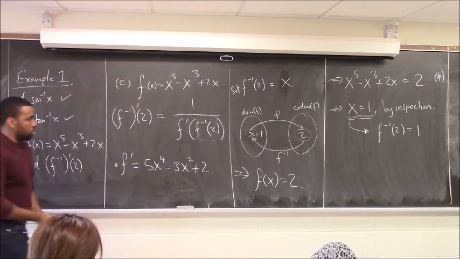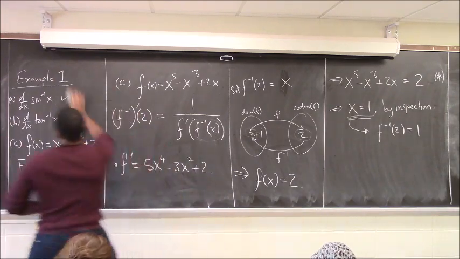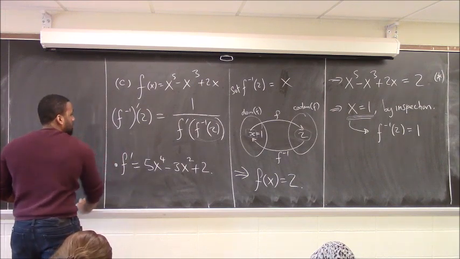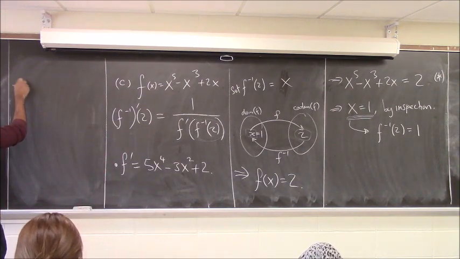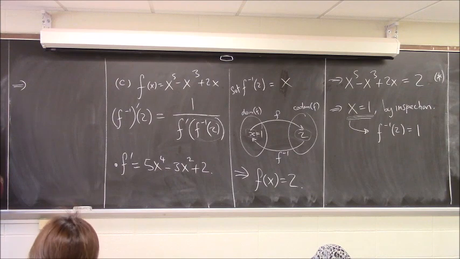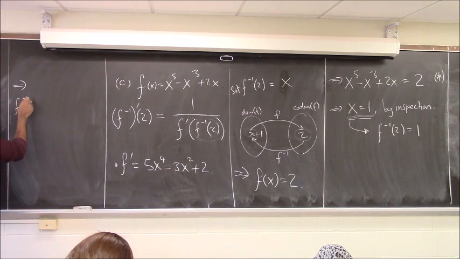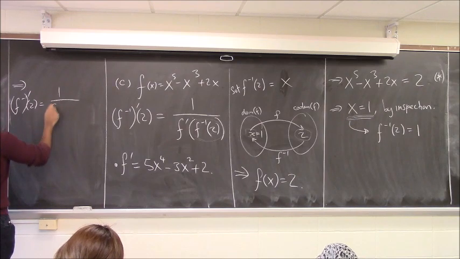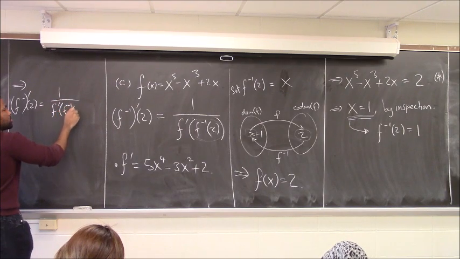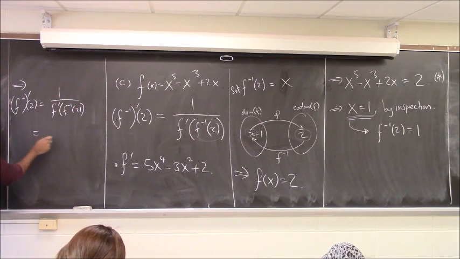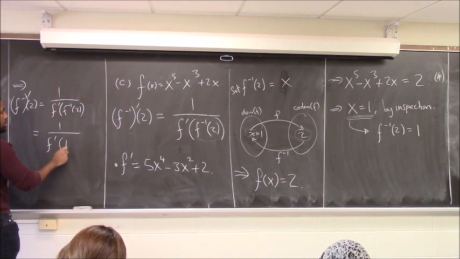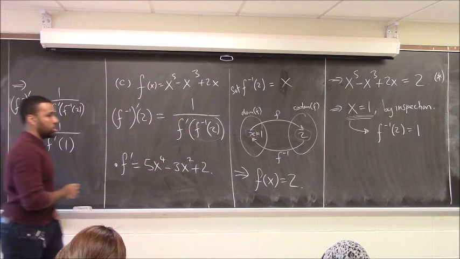So now that's what I'm going to do. Ultimately, this brings us to this point. I know the derivative of f inverse at 2 is going to be this. I just found that this inside value is 1 from over here.